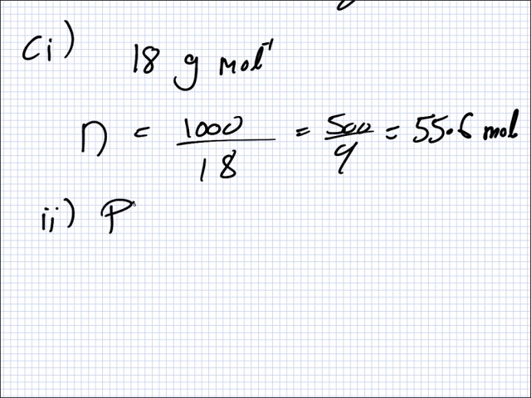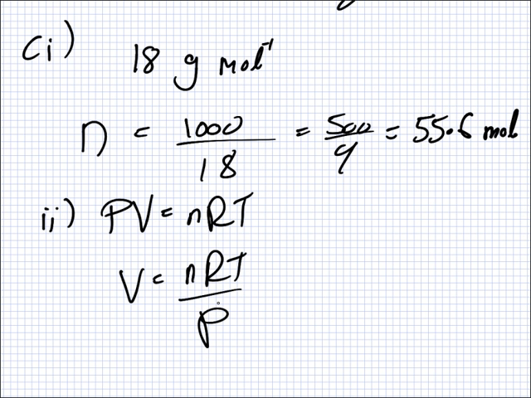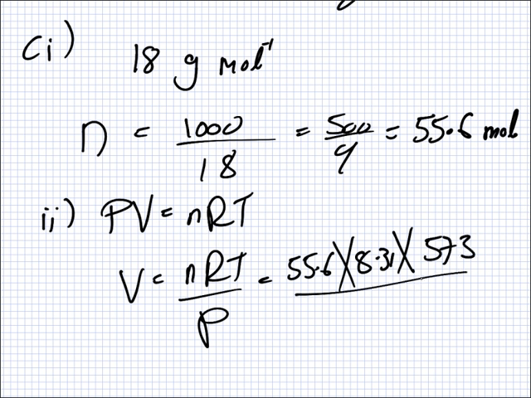So you have the formula PV equals nRT. Did you do this with Lorraine? Yeah. So V is nRT over P, which is 55.6 times 8.31 times 573 over P, which is 100,000.